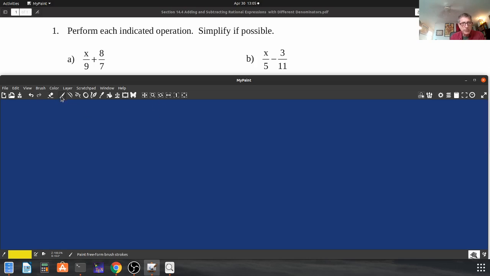So let's add x over 9 plus 8 over 7. So the first thing we always have to do is find the LCD of 9 and 7. And notice I can immediately use my property. 9 and 7 don't share any common factors. So the LCD is just their product, and 9 times 7 is 63.